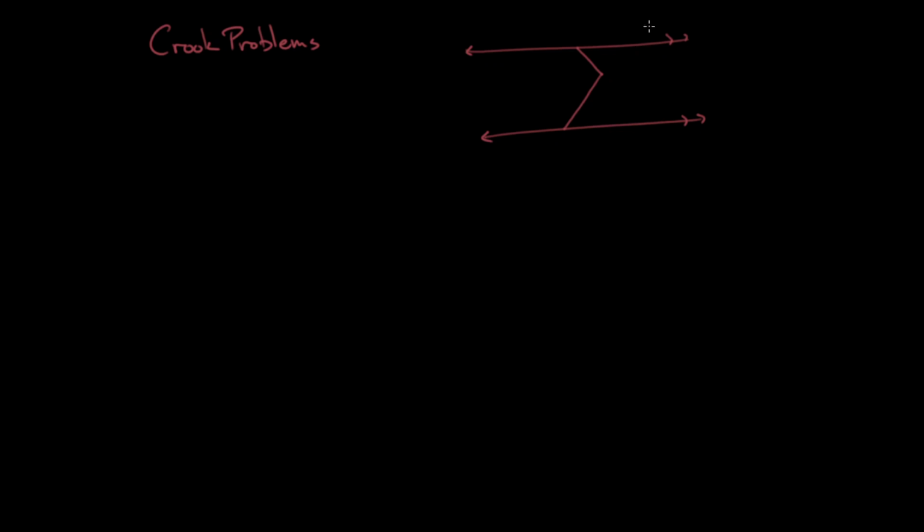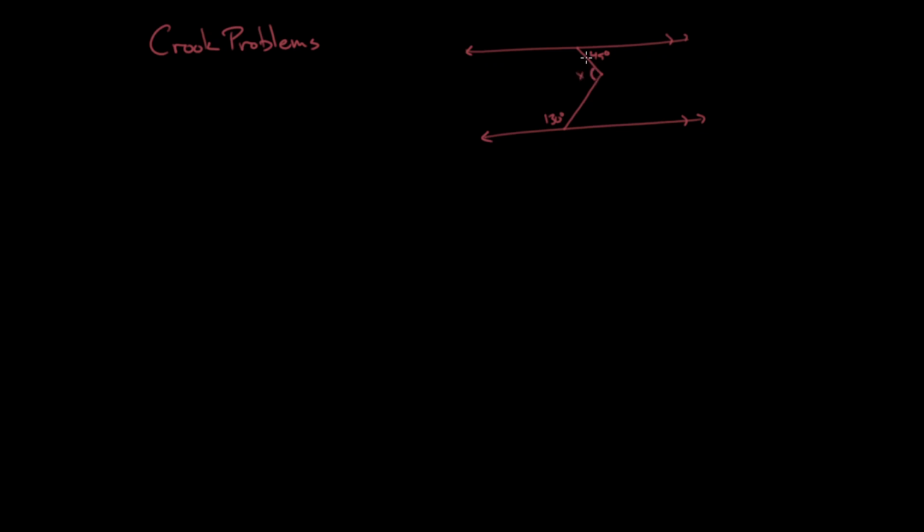So for example, I'm just going to make this up. Let's say that this angle right here is 45 degrees, and that this angle down here is 130. And my question to you is, what is the measure of this angle right in here?